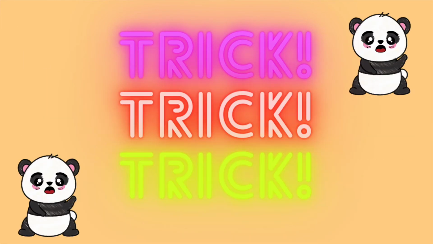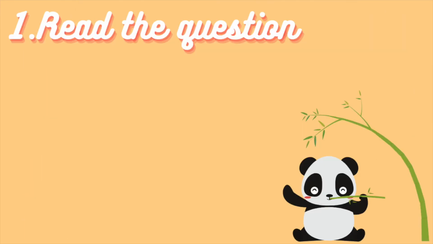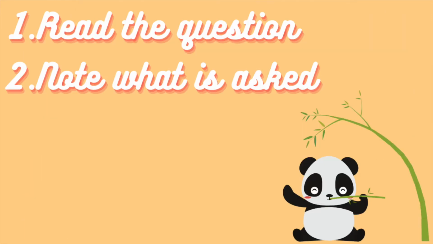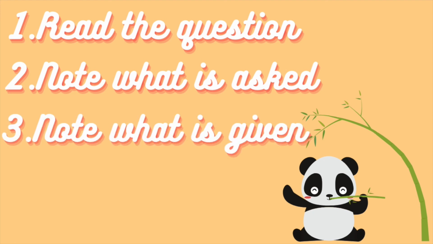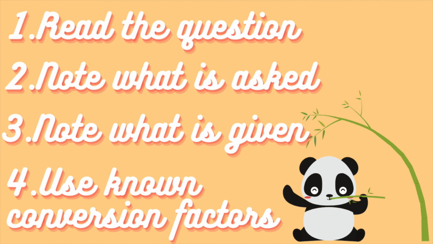So my trick is to read the question carefully, to note down what the question is asking about, and to note down what is given to you, and to also use your table to be able to recognize what unit you need to cancel out, what you need that they don't tell you, but you can get it from the table, and then work your way to get the answer you want.